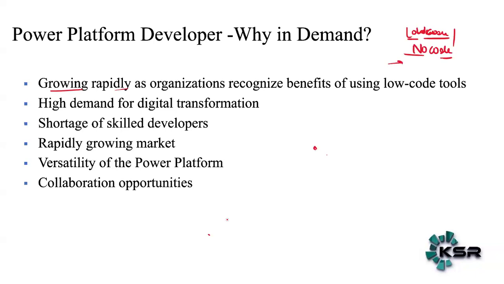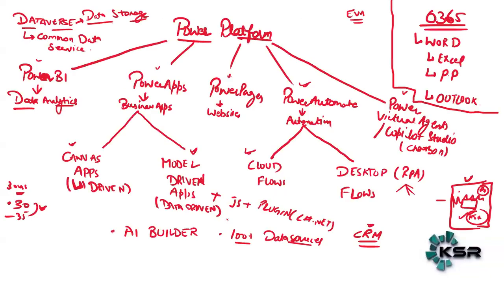When I say skilled developer, what I mean is people who know the things end to end, like all these products that you were able to see on the screen. And the beauty of Power Platform is you can get these products integrated with each other.